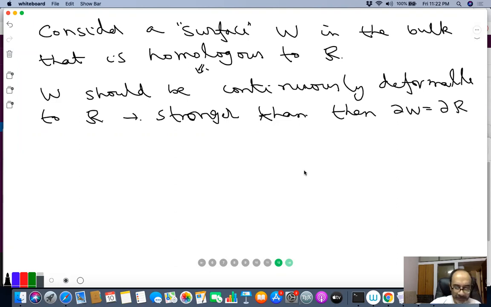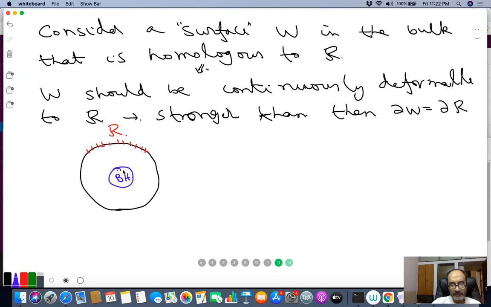Okay, let me give an example. Let's suppose that we have this boundary geometry. Let's call this R. And let's imagine that there is a black hole sitting in the interior. So it's not just global AdS, but there is a black hole in the interior of AdS.